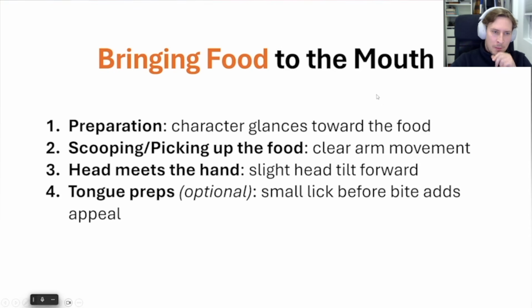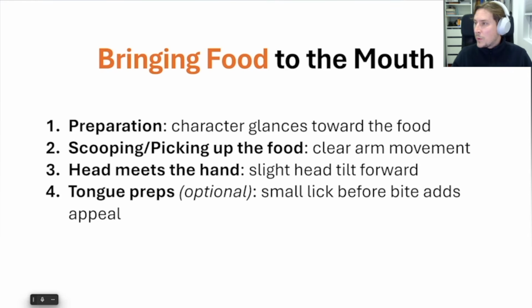Bringing food to the mouth includes preparation. Preparation is basically you, as a character, reacting to the food that is in front of you, right? Your reaction will tell the viewer what kind of food is there. Is it tasty? Is it big? Is it hot? Is it salty?